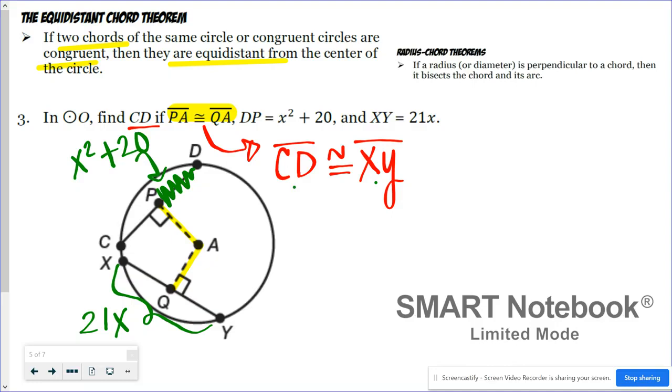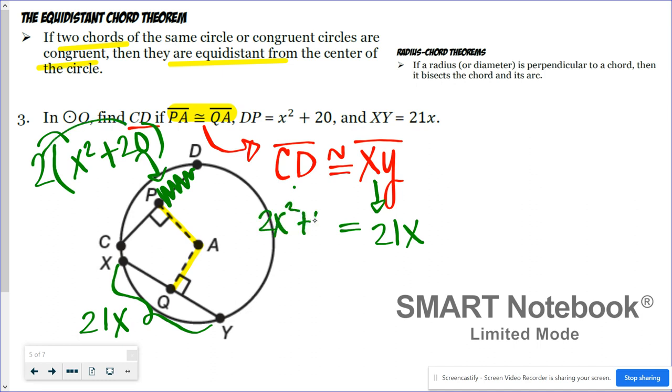So we have part of our equation here because we know what XY is. We know that XY is 21x. But what is CD represented algebraically? CD, the entire chord, is going to be equal to 2 times the PD segment. So 2 times x squared is 2x squared. And then 2 times 20 is 40.